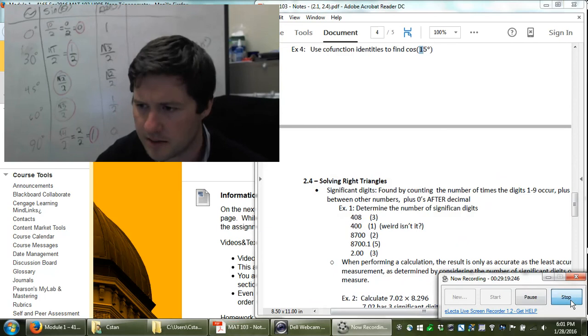I'll get there. This other thing, these cofunction identities, I already mentioned them. This is what I was talking about earlier with our angle.